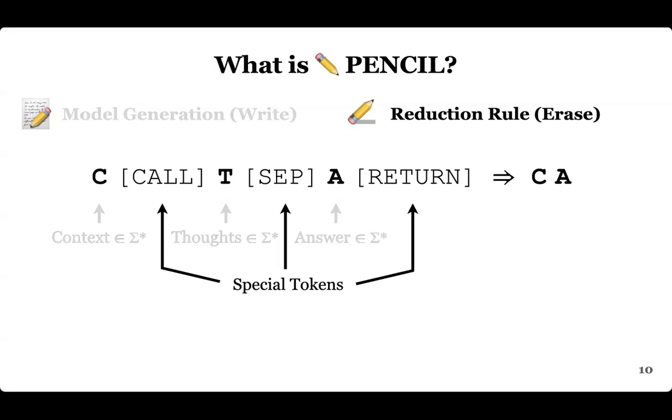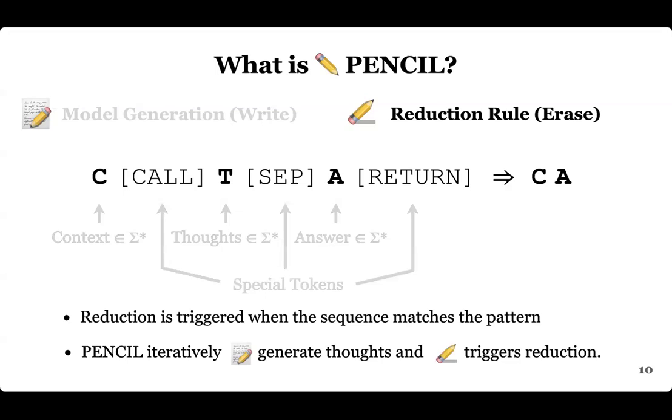The model is allowed to generate these special tokens. Whenever the current sequence matches this pattern, it triggers the reduction rule and erases the thoughts along with these three special tokens, and the model automatically merges the final answer into the context. Overall, Pencil will iteratively generate thoughts and trigger reduction.